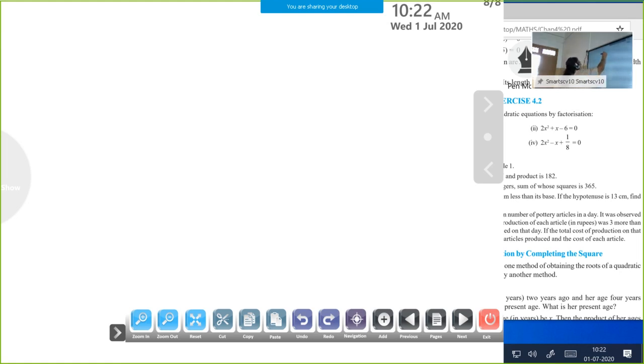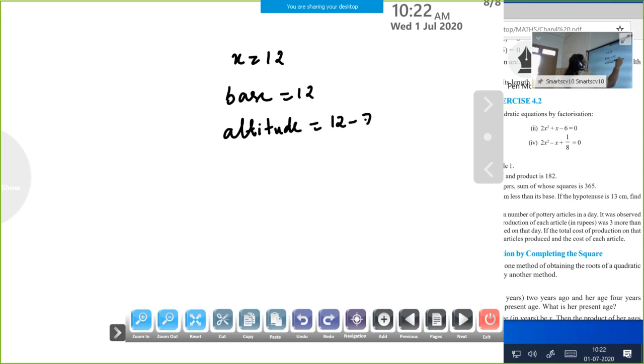So we take x is equal to 12. Base is equal to 12 and altitude is x minus 7, 12 minus 7, 5. 12 centimeter, 5 centimeter. Clear?